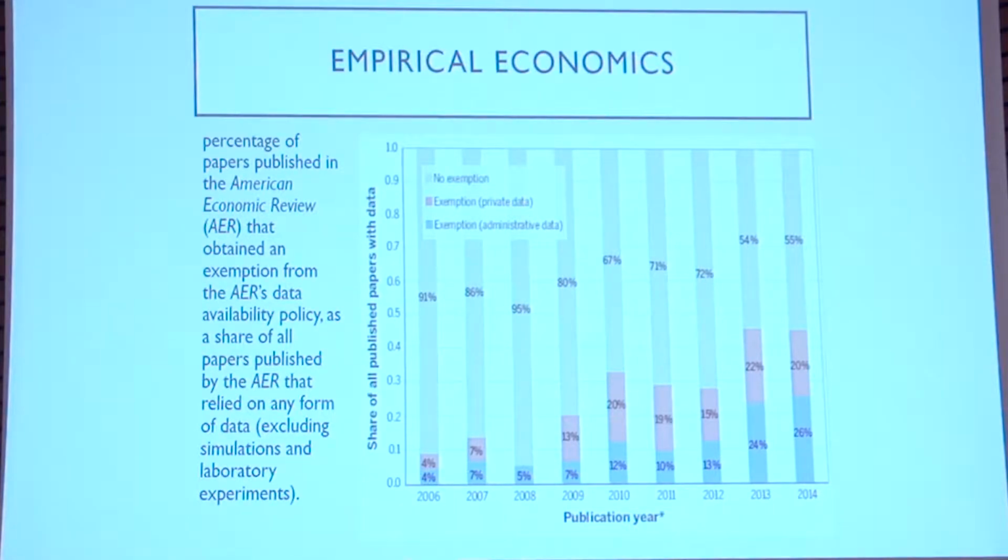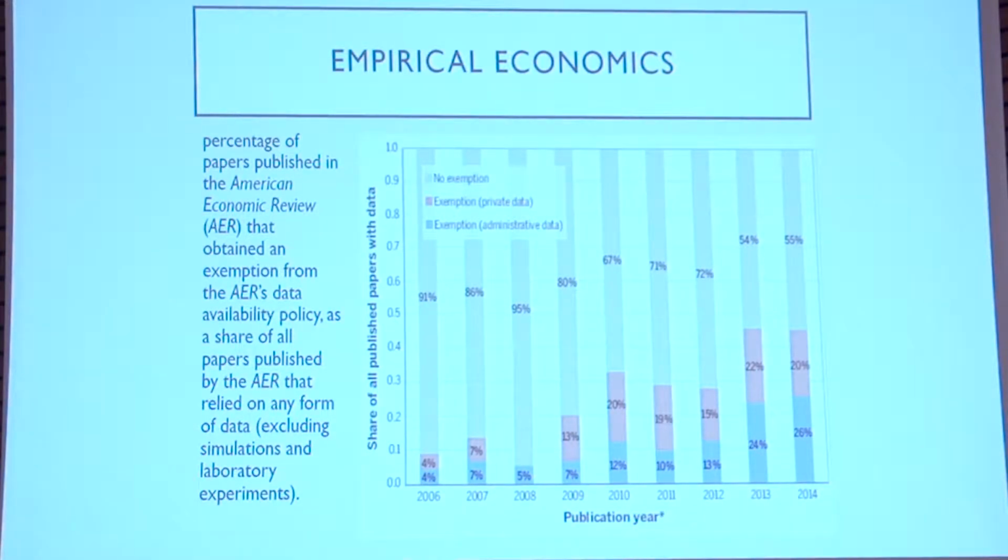And well, just to see a little bit what it looks like. This is the percentage of research published in the AER, the number one economic journal, the American Economic Review. This is the percentage of papers that are empirical and that have been exempt from the regulation about data availability policy.